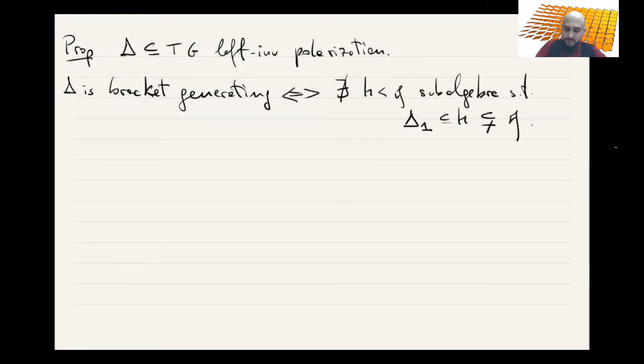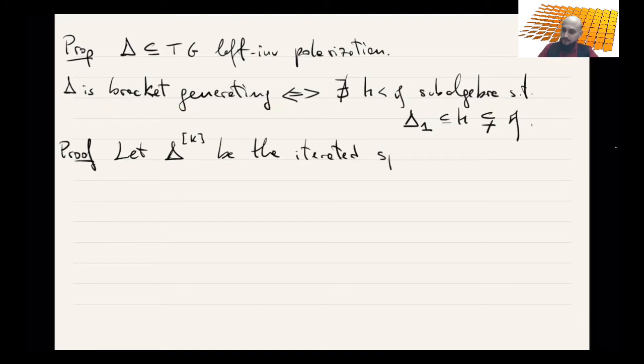Let me spend some words explaining why this result is true. It's very easy, but it's a nice exercise to remember the definition of bracket generating. Let Δ^k be the iterated spaces of Δ. In general this is not a subbundle, but in this case it will be, because it's going to be left invariant.